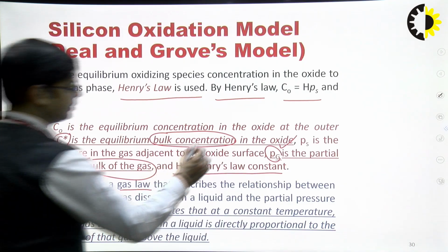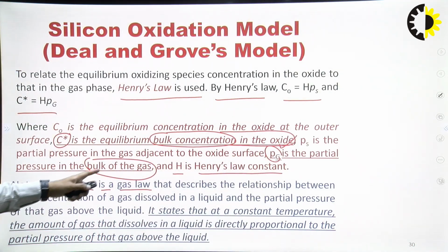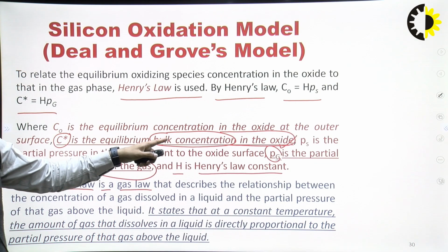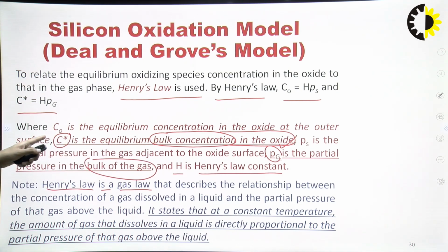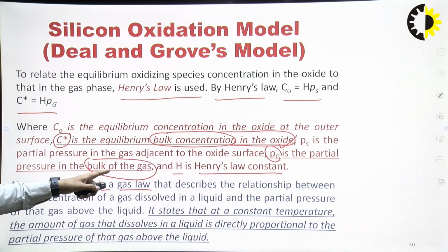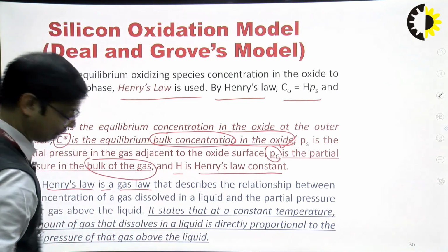So we can see the concentration in the bulk of the oxide, that is C star, is proportional to the partial pressure Pg in the bulk of the gas. So that is C star equal to H into Pg. Similarly, C naught equal to H into Ps.